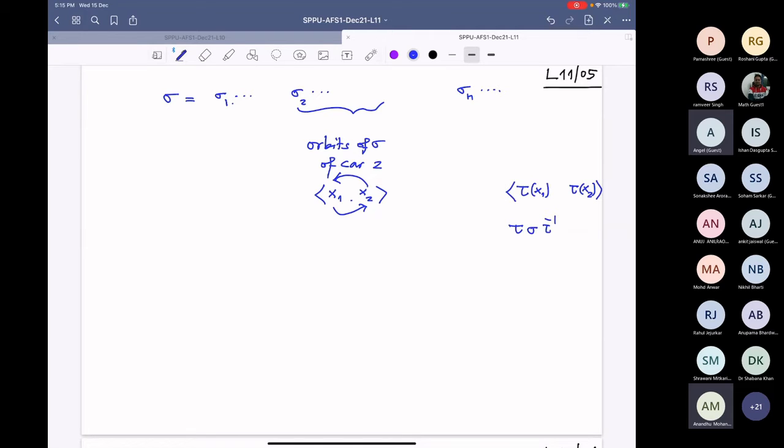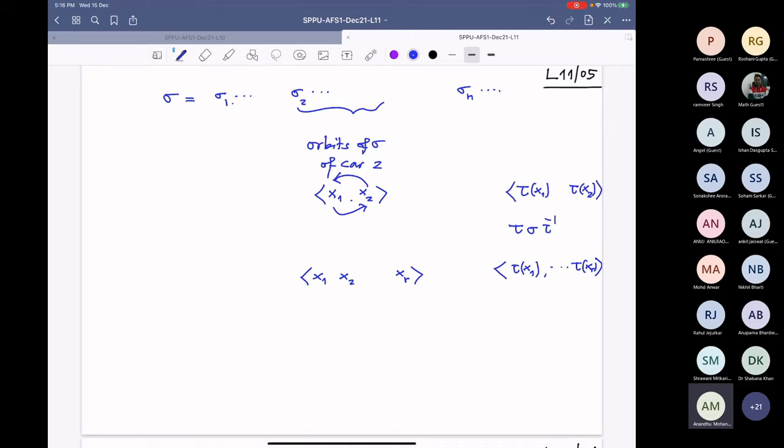So particularly this problem will increase when you take suppose an r cycle like this, and it is going to this cycle, tau x1 to tau xr. Now here the only thing we know is they are shuffled according to this permutation tau.